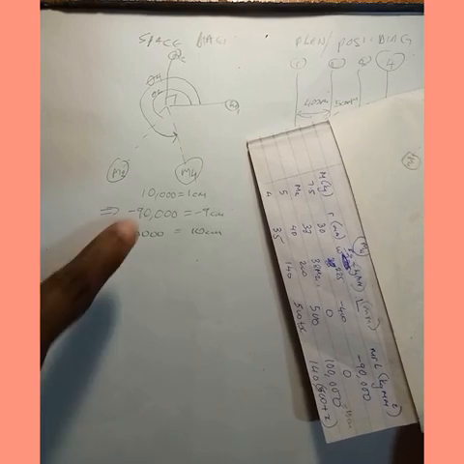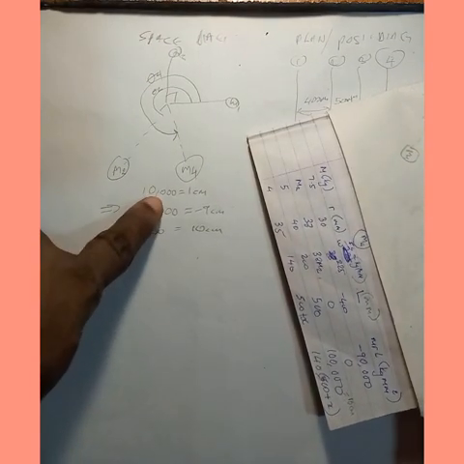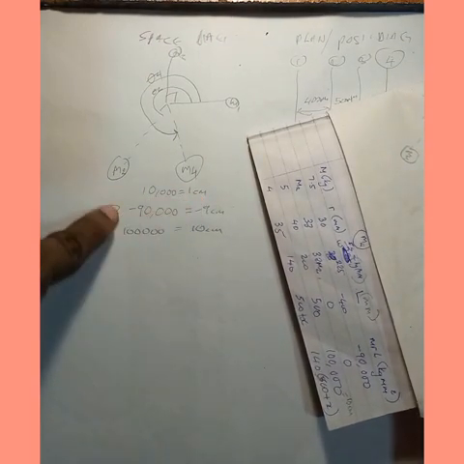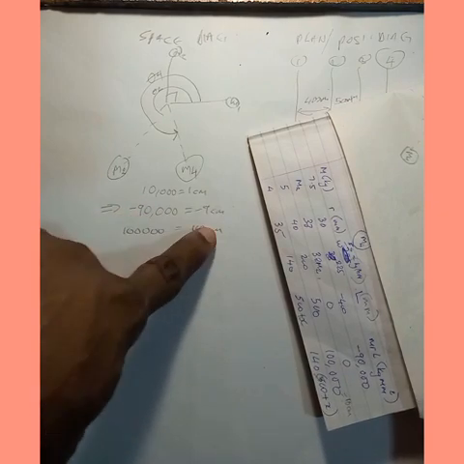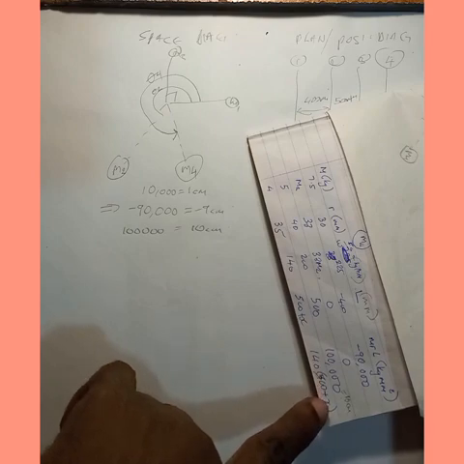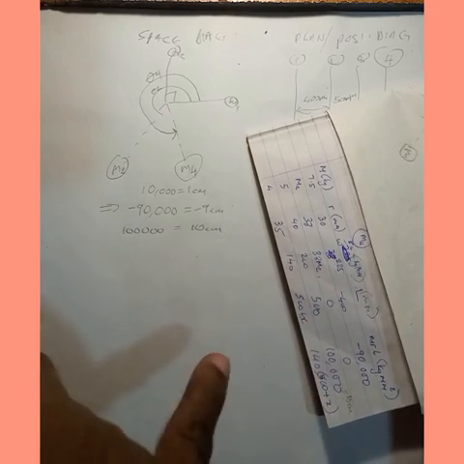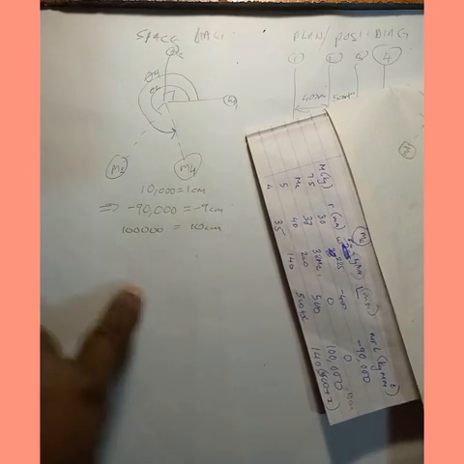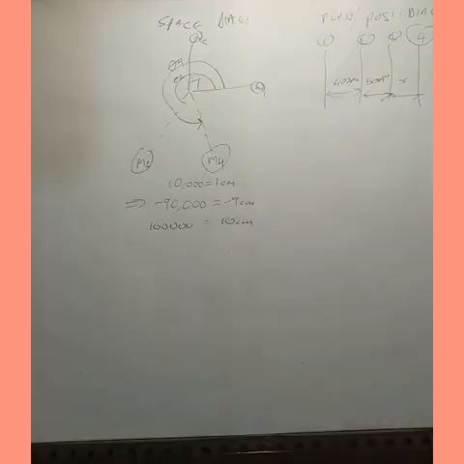Alright, so from the drawing sheet, since we have 10,000 as 1 centimeter, minus 90,000 is minus 9 centimeter. The 100,000 is 10 centimeter. So we can now plot this on the couple polygon.